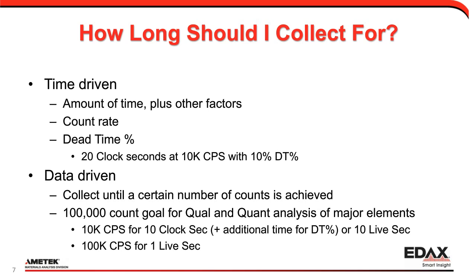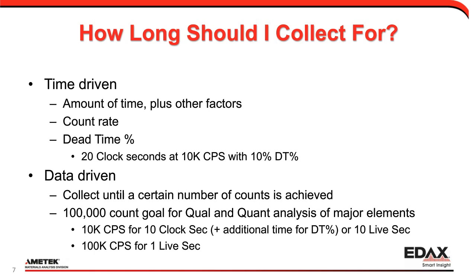When we do a data-driven approach, we have flexibility with what our conditions are. To get to 100,000 total counts in our spectrum, we could work at 10,000 counts per second for 10 clock seconds, with additional time for dead time.